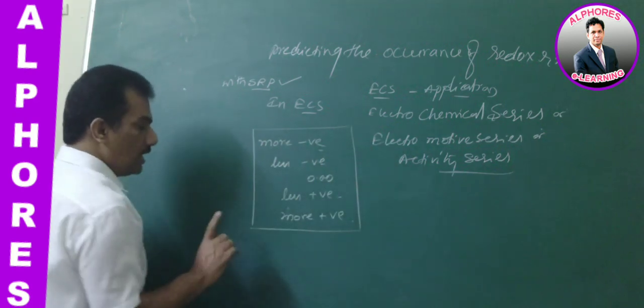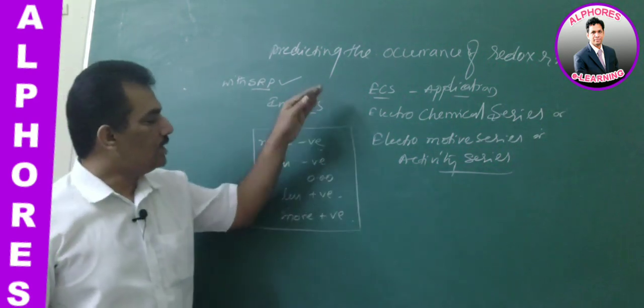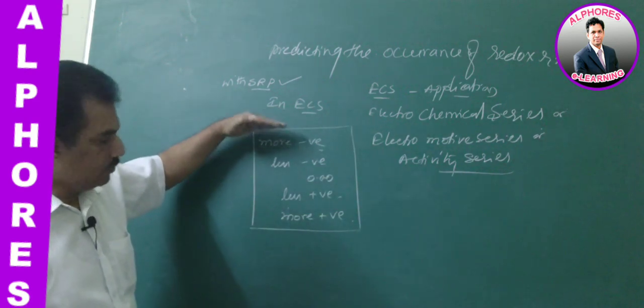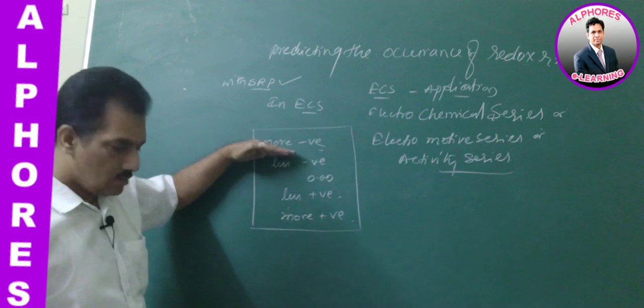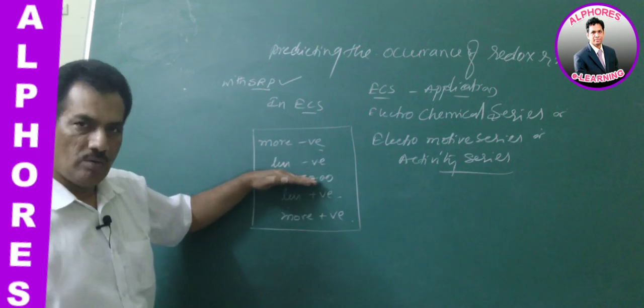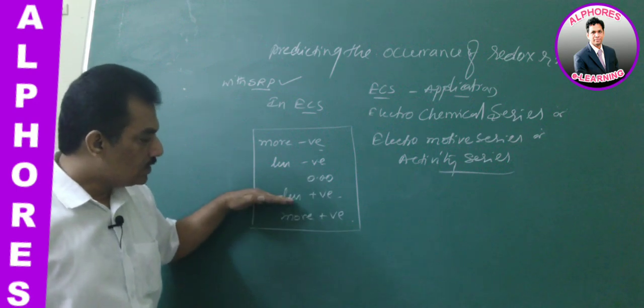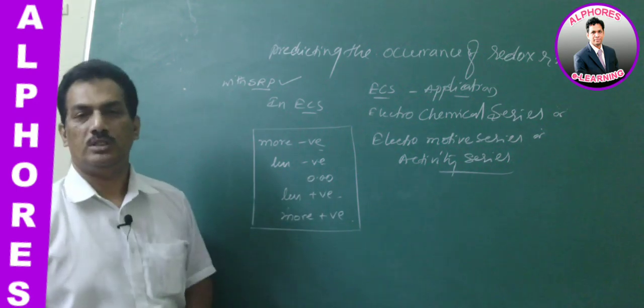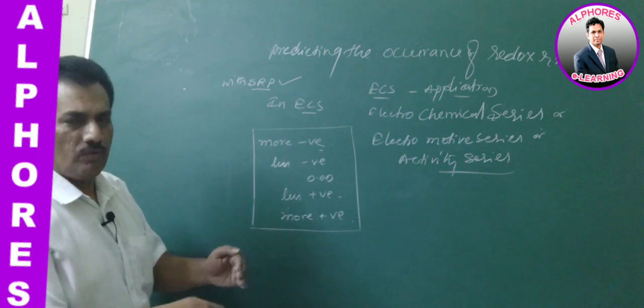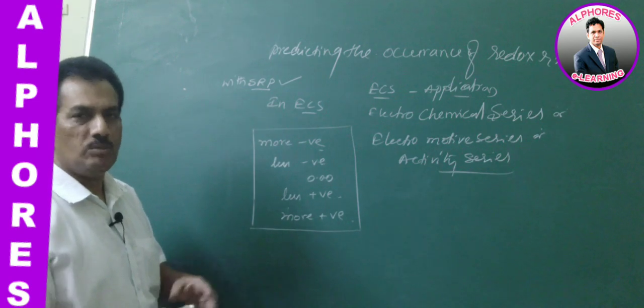If you are arranging the electrodes in this order, first you keep the more negative electrode, then the less negative SRP electrode, then 0, which is for hydrogen as we know, and then the less positive electrode, and then the more positive. We are going to solve some numericals in coming sessions.